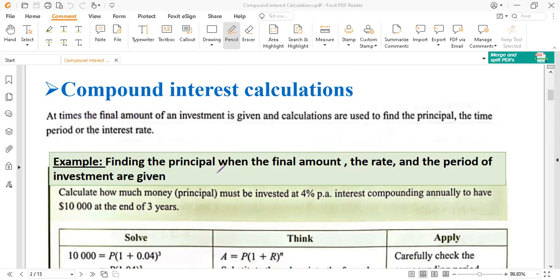For example, at times the final amount of an investment is given and we want to find the principal if the other terms are given, like the time period or the interest rate. Or sometimes we want to calculate the time period while we have the final amount, the principal, and the interest rate. So one unknown, one equation.